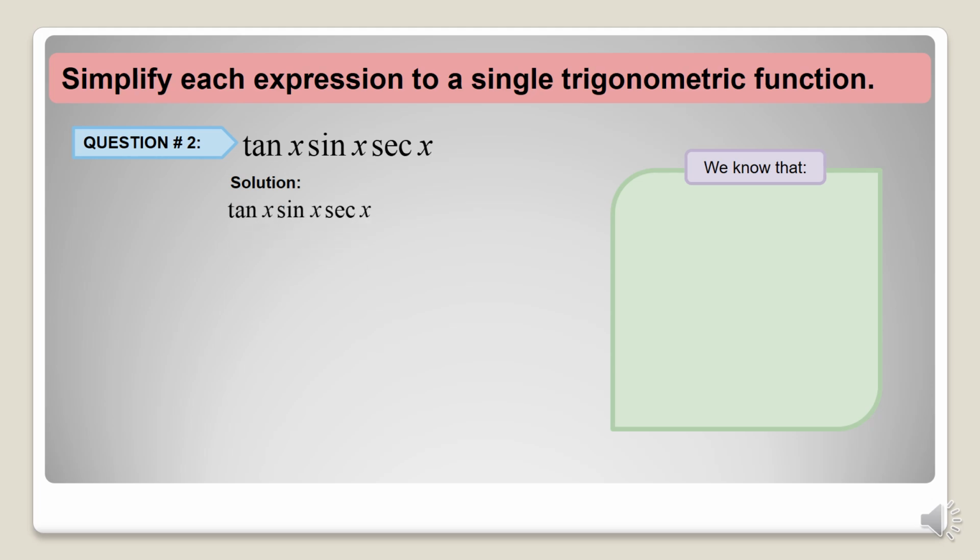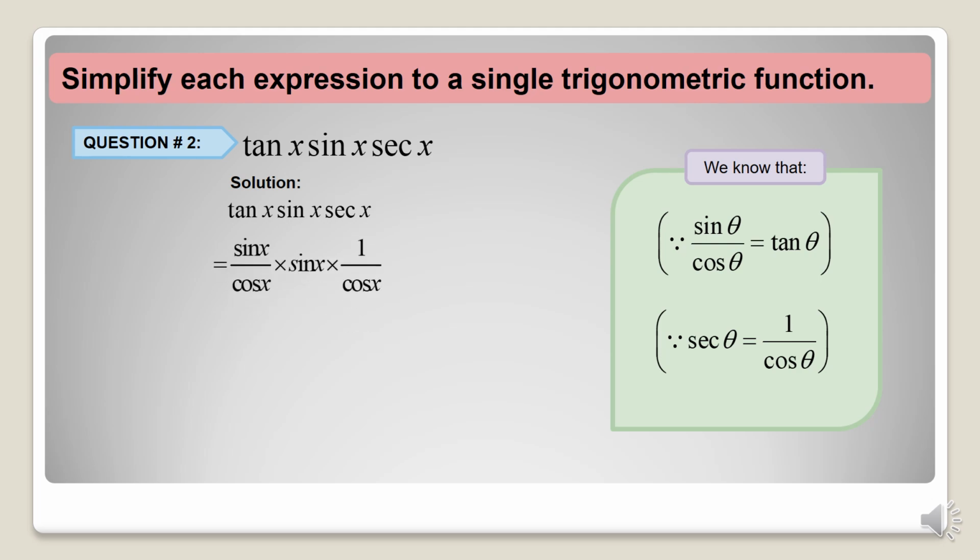First we have tan x, sin x and secant x. As we know that tan x is equal to sin x over cos x, and secant x is the reciprocal of cos x. So instead of tan x we will write sine over cos, and instead of secant we will write 1 over cos.